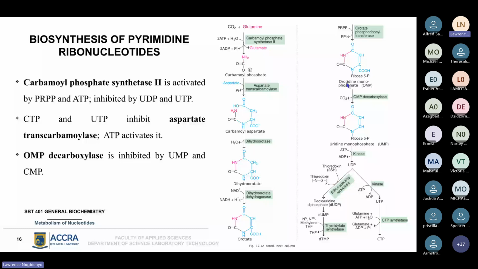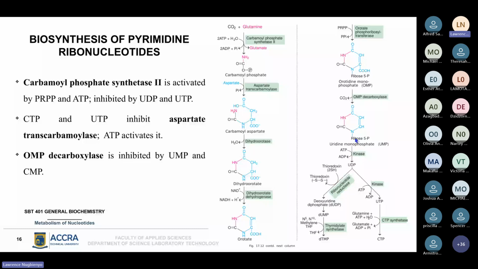From there on, what you see is there is some decarboxylation, OMP decarboxylase, in that reaction, where there is a loss of the carboxyl group. That carboxyl group there is lost, and so you now have the ribose 5-phosphate bonded directly on that N1, the nitrogen one, to give you uridine monophosphate.